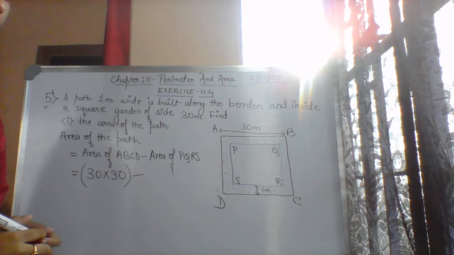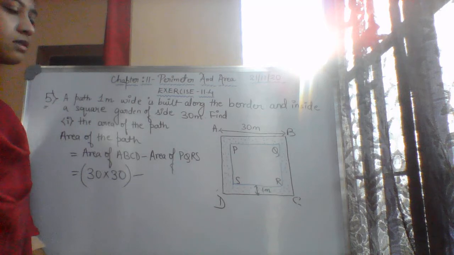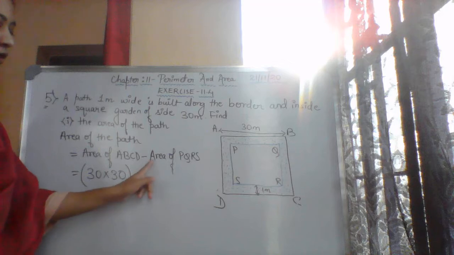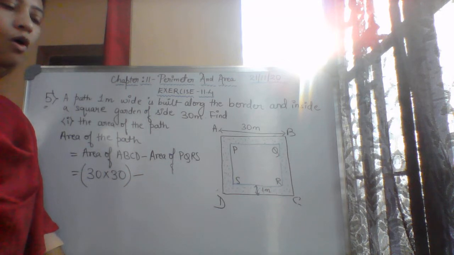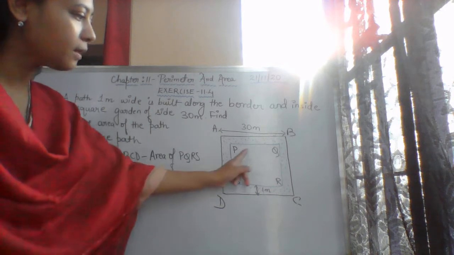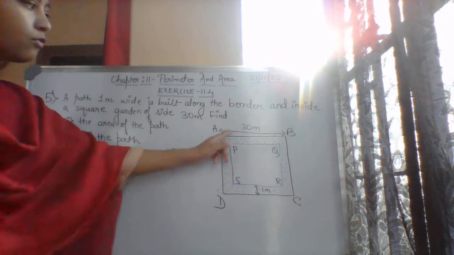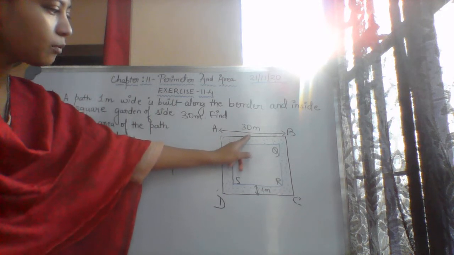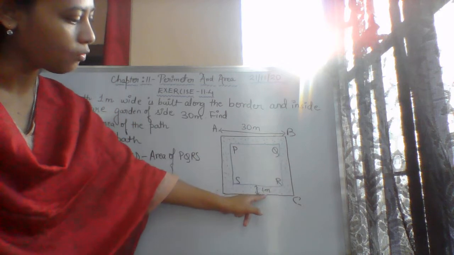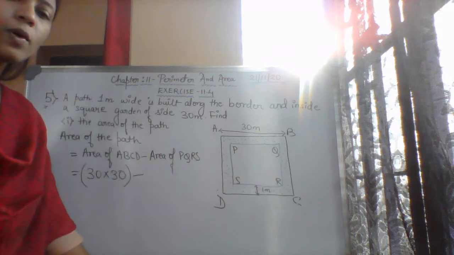Area of PQRS: are you thinking PQRS is a square, a rectangle, or some other shape? Because we are going to find the area, you have to think of which shape it is. So how can you get the shape? How are we getting PQRS? From 30 meter, we are moving inside 1 meter from each end, then we are making that smaller square.